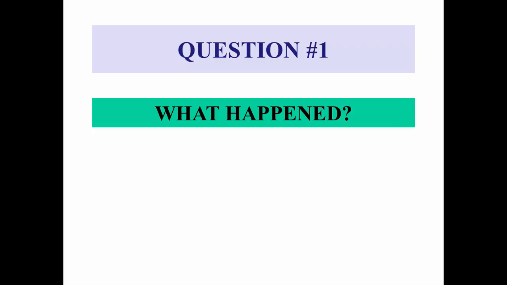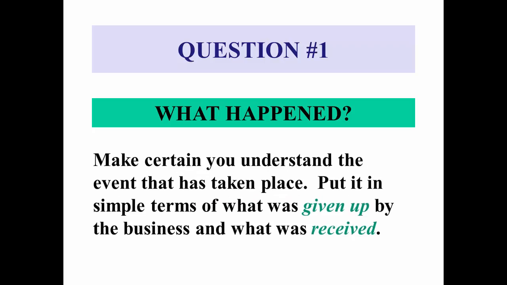We want to put this in plain, simple English. We want to say, what are we giving up and what are we receiving? You want to dig into that and make sure you understand the underlying core of what is taking place. What is the business giving up? What is the business receiving?